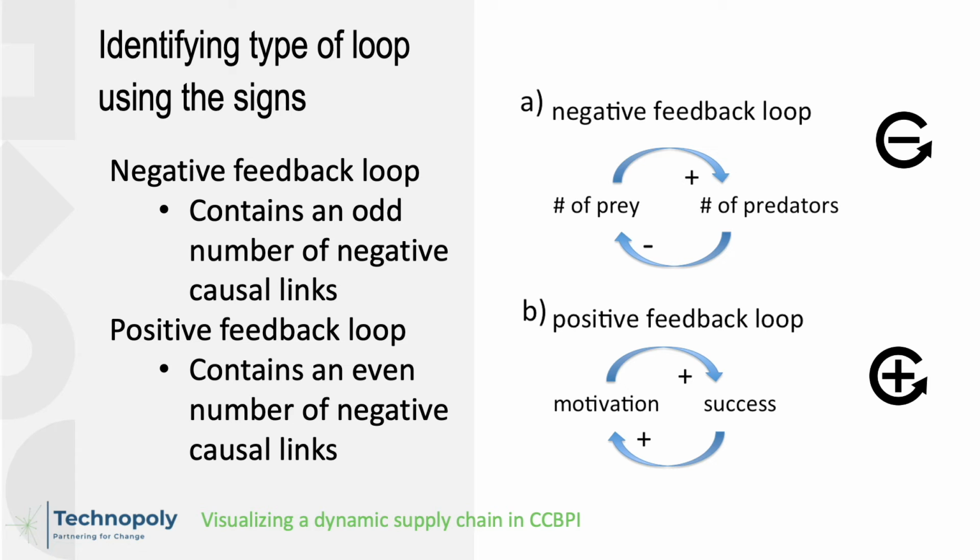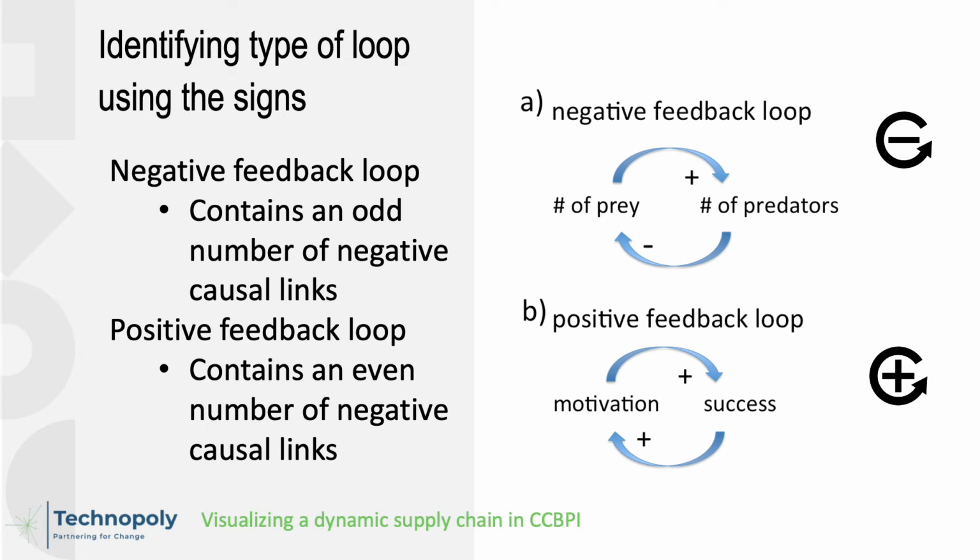When identifying the feedback loop, we now look at the signs that are present within the loop. A negative feedback loop is one that contains an odd number of negative links. Think of it as multiplying negative numbers. If the product of the signs turns out to be negative, then it's a negative feedback loop.